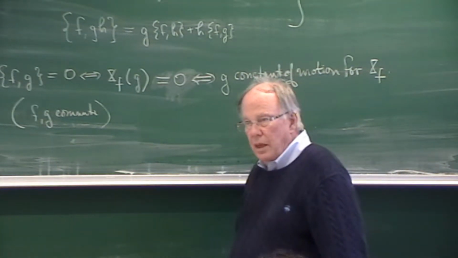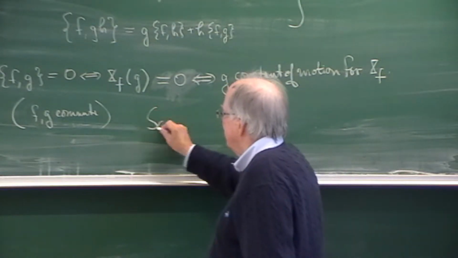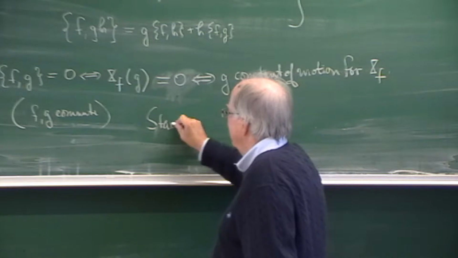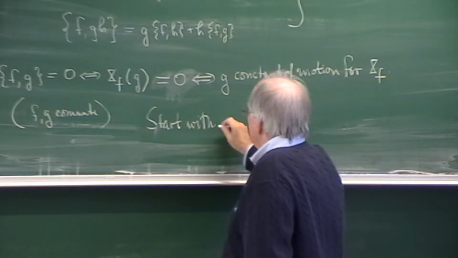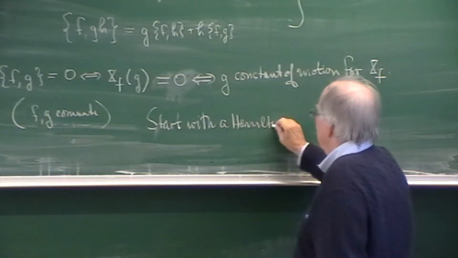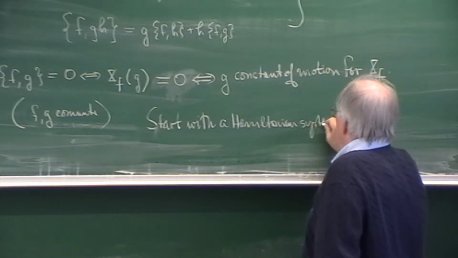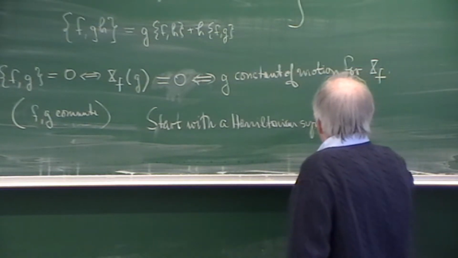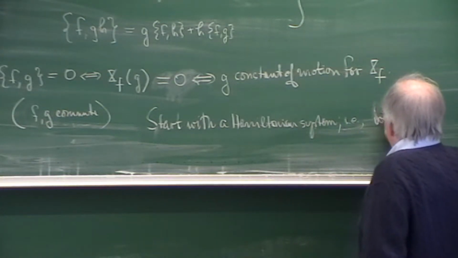Okay. Now let me change the notation a little bit. Start with a Hamiltonian system, i.e. we're starting with what we call a Hamiltonian, let's call it H for Hamiltonian.